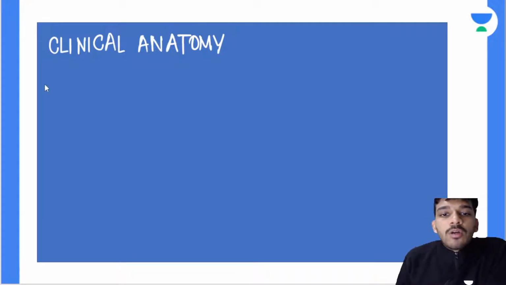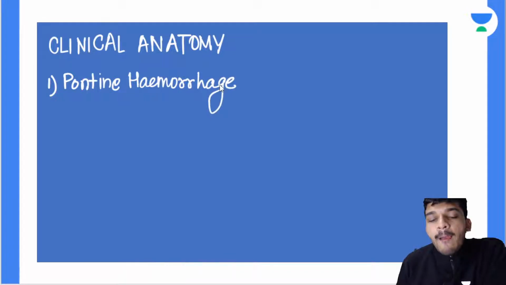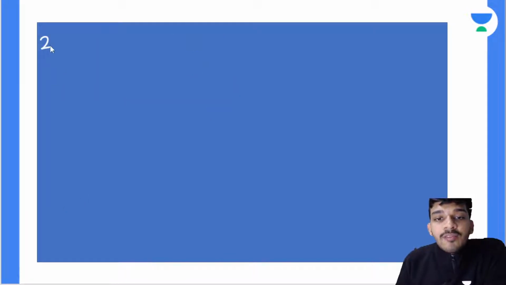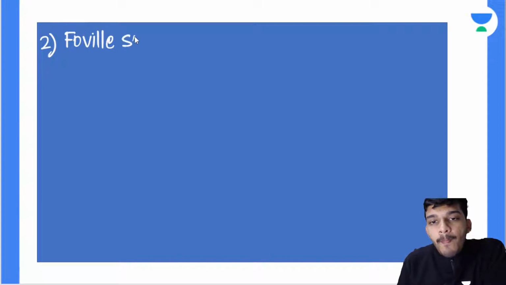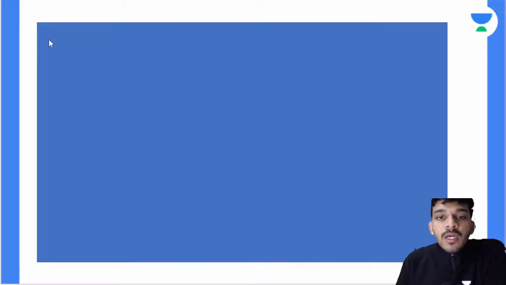I'll just write down what all we have to cover. The first point to cover is pontine hemorrhage. The second thing that we have to cover is Foville syndrome. Okay, that is related to the pons.